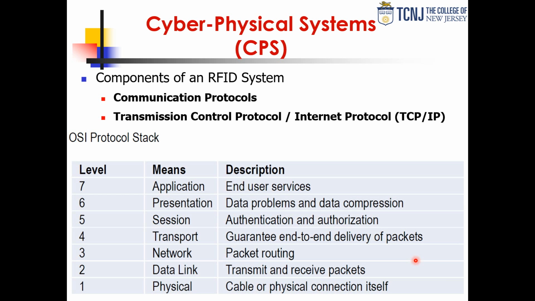So these are the 7 layers of the OSI model. From the bottom up, again, the physical layer deals with the connectivity to the physical medium.